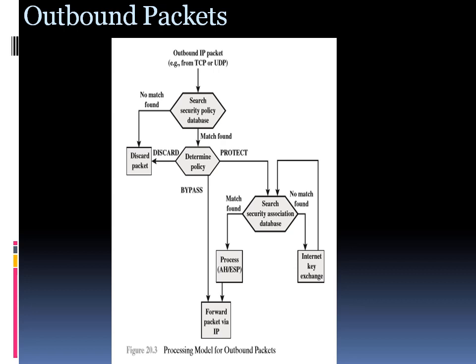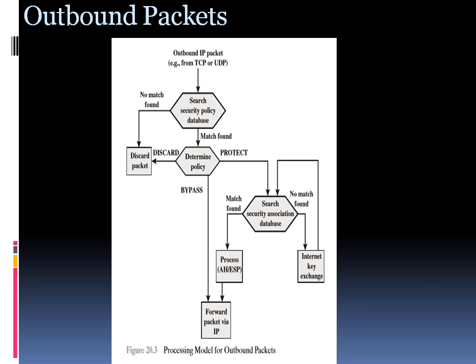Next, if no match is found, then the packet is discarded and an error message is generated, as you can see towards the left. However, if a match is found, then further processing is determined by the first matching entry in the SPD. So next we have to determine the policy.